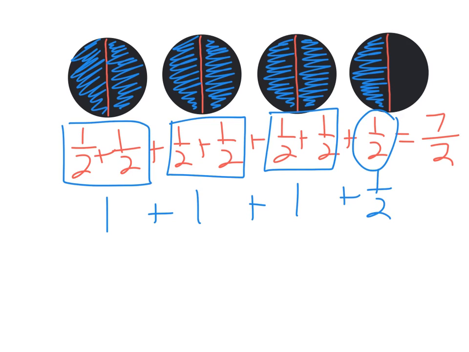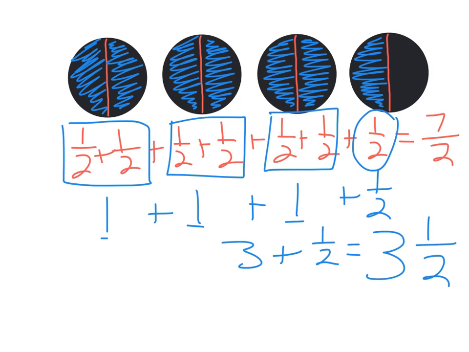Then if I can see further, the 1 plus 1 plus 1 is equal to 3 plus the 1/2. And that equals 3 and 1/2. When I look at it, I've got 1, 2, 3, and 1/2. Okay, so mixed numbers are the wholes put together, and then the fraction part that's left over that doesn't make it to the next whole.